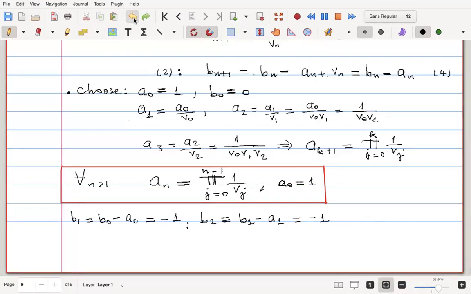Let me quickly erase this. I think there's an easier formula that I can use.